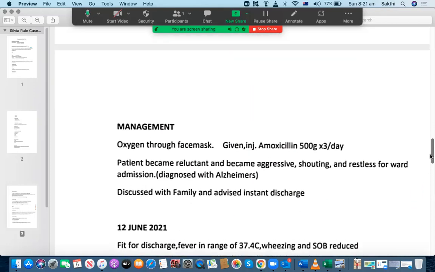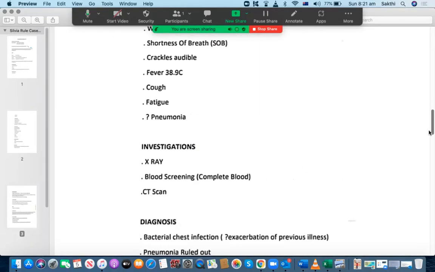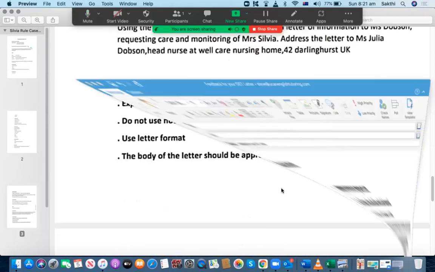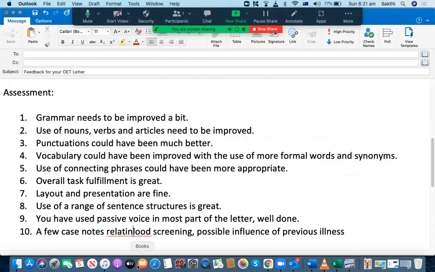So most of the relevant case notes were included. I'm very happy with that. All right, so you have done a wonderful job. But only these case notes were not included. A few case notes relating to the full blood screening.